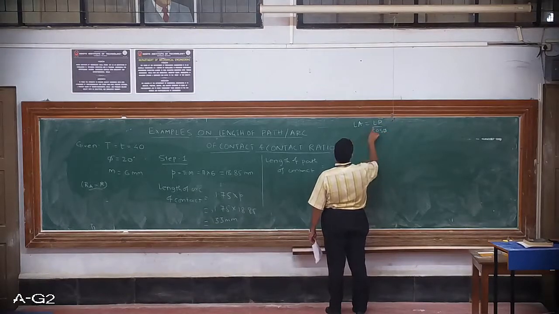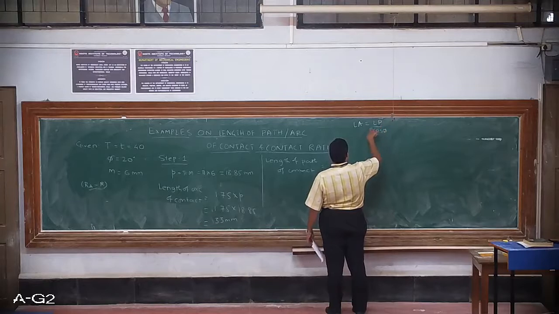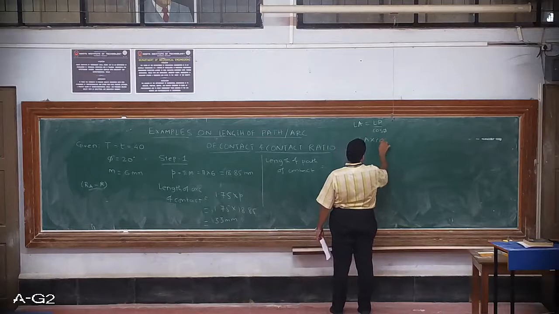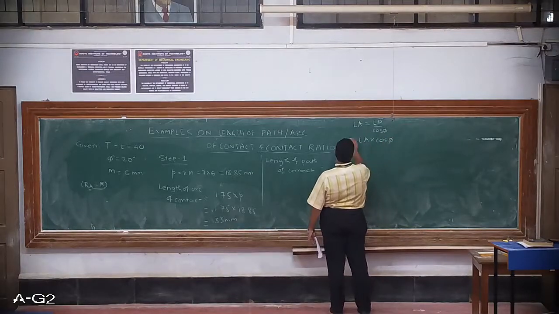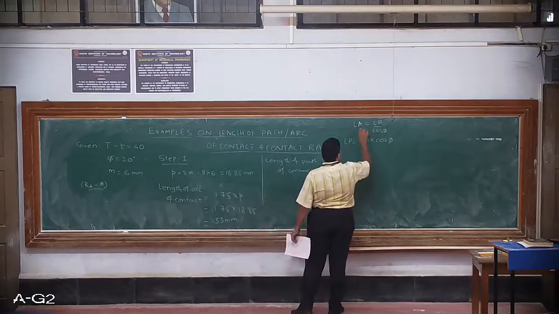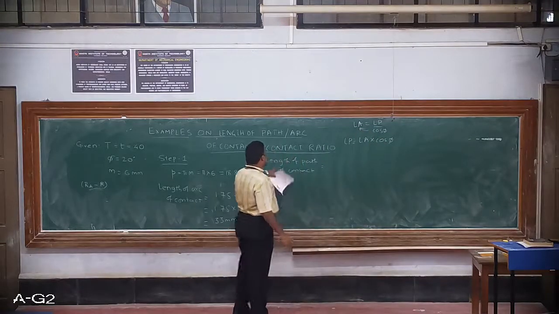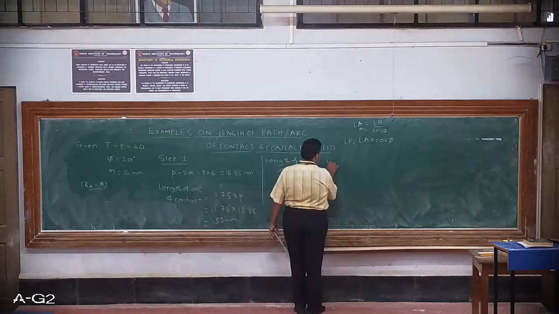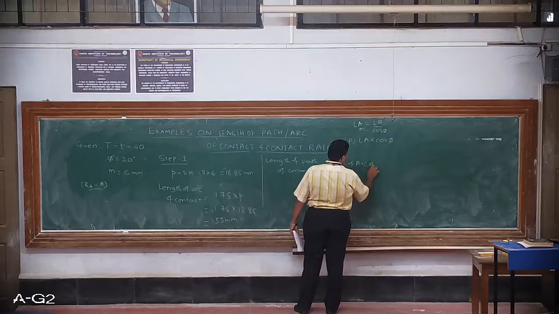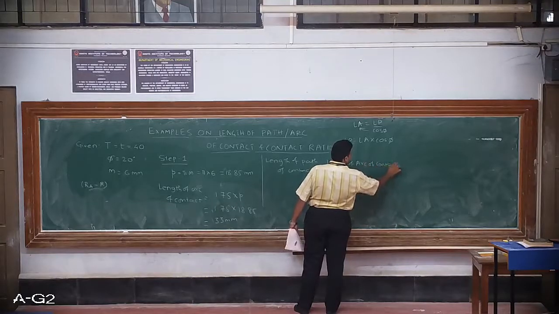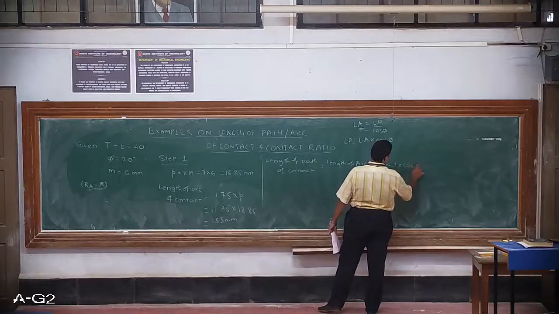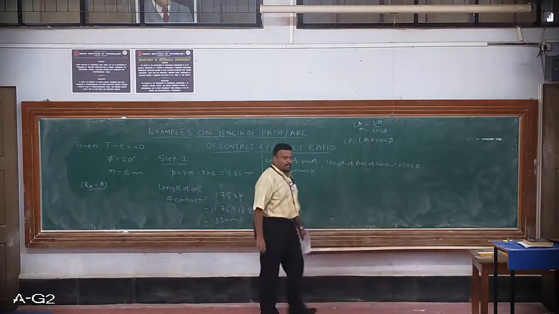Therefore, length of path of contact will be length of arc of contact into cos phi. Do you agree with that? So I can write the length of path of contact as the length of arc of contact into cos of phi. Do you agree?